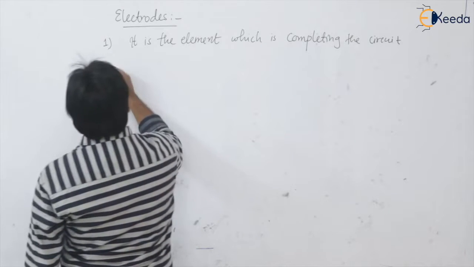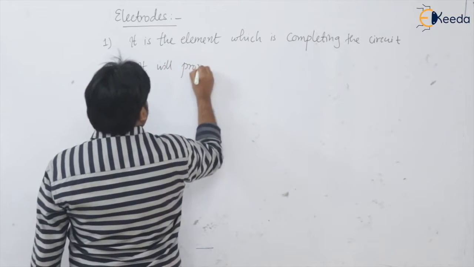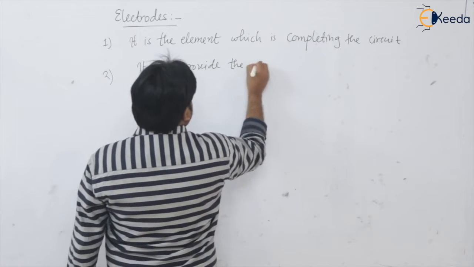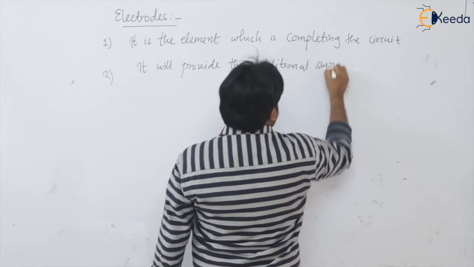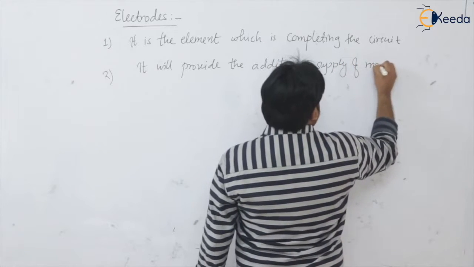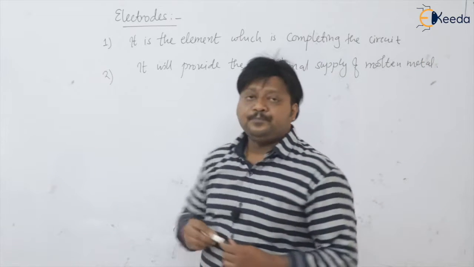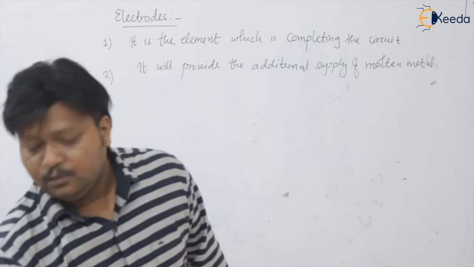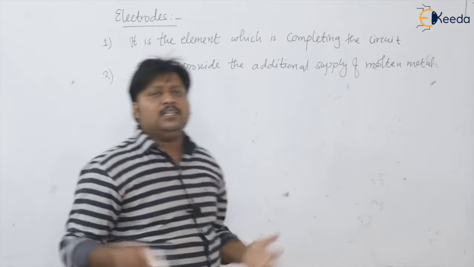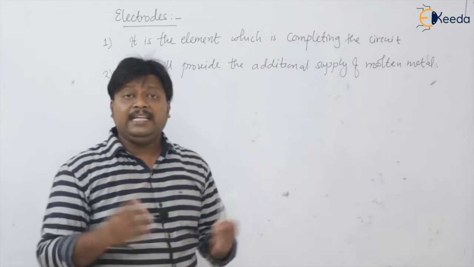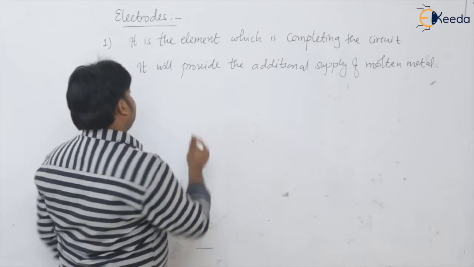And the second, it will provide the additional or supply of molten metal into the weld pool. Okay, now out of these two only one gets satisfied, that is, it is only completing the electric circuit but it is not supplying any additional material. Then it is known as the non-consumable electrode.